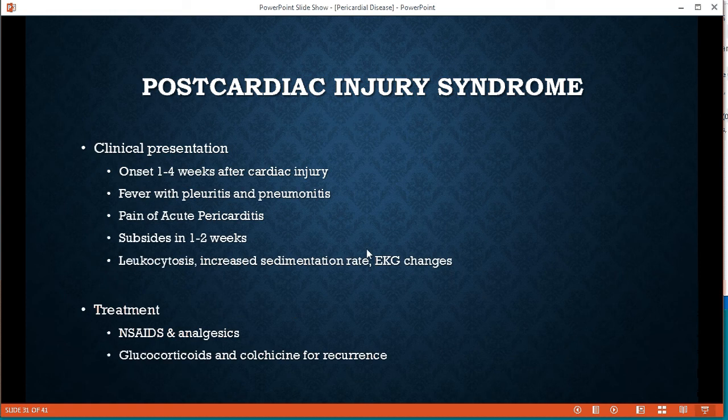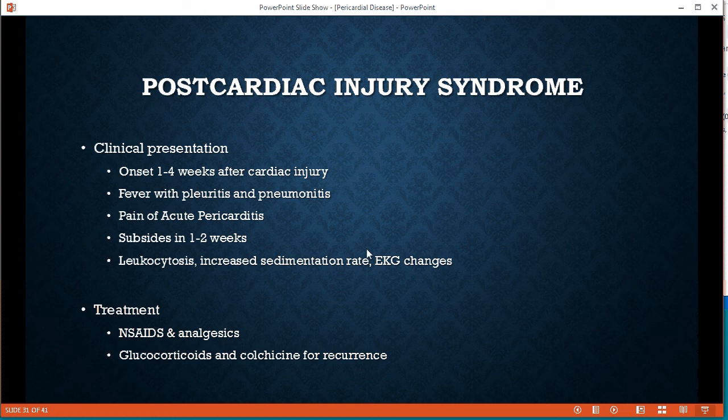So your clinical presentation for post-cardiac injury syndrome, especially for pericarditis, is that you can see this anywhere from 1 to 4 weeks after cardiac surgery or the cardiac injury. You can see associated pleuritis and pneumonitis. And these patients, because of the inflammation, will demonstrate an associated fever.